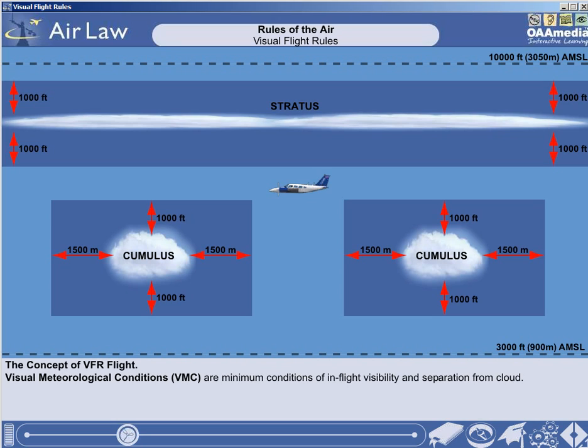You'll learn about those later in this lesson. At present, you just need to know that if a pilot were to fly outside the light blue area, he would be closer to cloud than the VMC minima prescribe, and would therefore be in instrument meteorological conditions, in which VFR flight is not permitted.